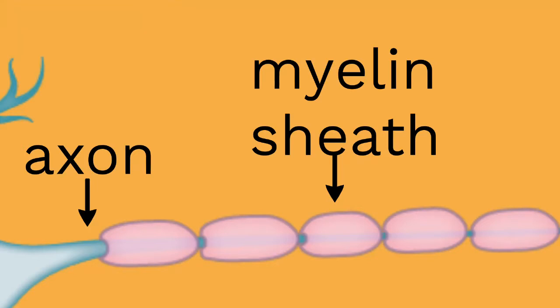Each Schwann cell insulates the axon, preventing the exchange of positive and negative ions. This means that the electrical impulse can only be renewed at the gaps between the Schwann cells, and the impulse has to travel along the axon in large jumps. That's much faster, and that's what the white matter of the brain is all about. It consists of billions of myelinated nerve fibers buzzing with electrical messages flying from one part of the brain to another.